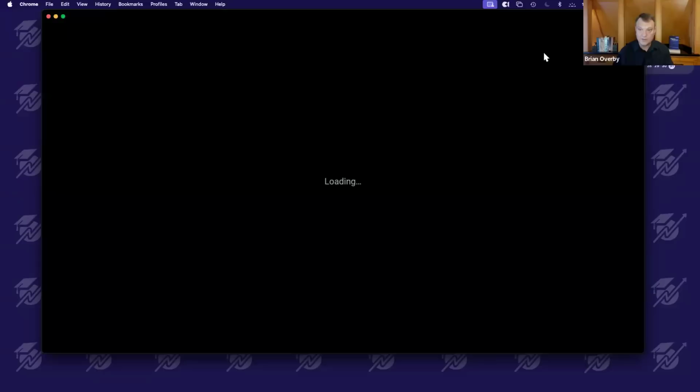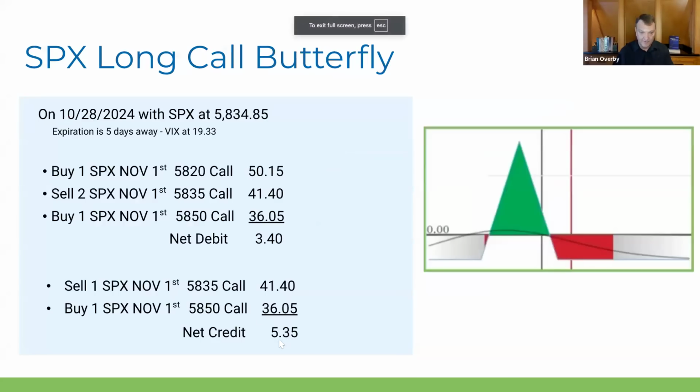So if I do this and I have this on for $5.35 and the market moves, let's say it goes down 20 or 30 points, this spread would start trading for about half of this value. And I just wanted to make sure that that was all correct.